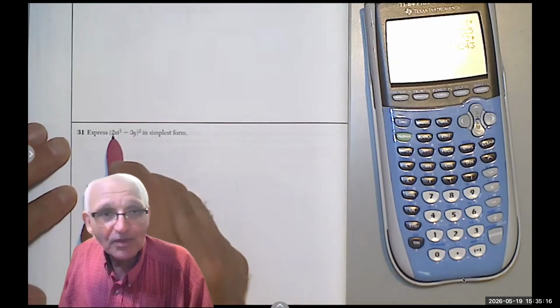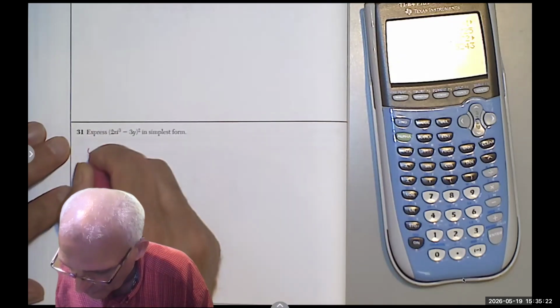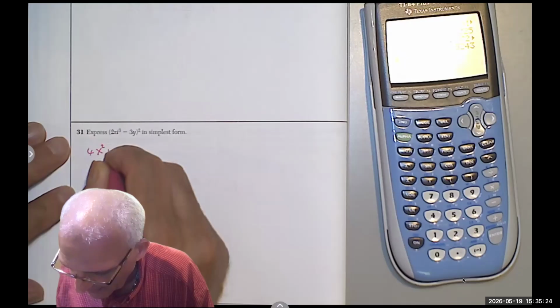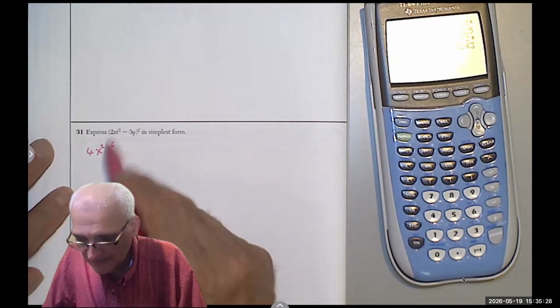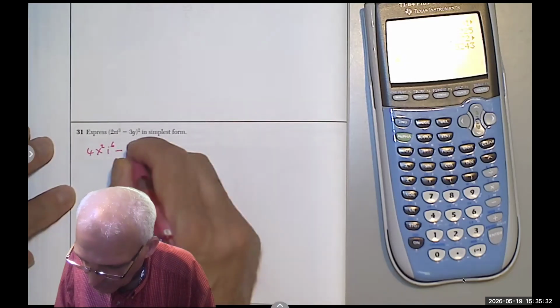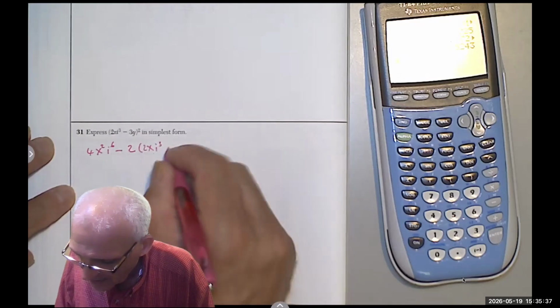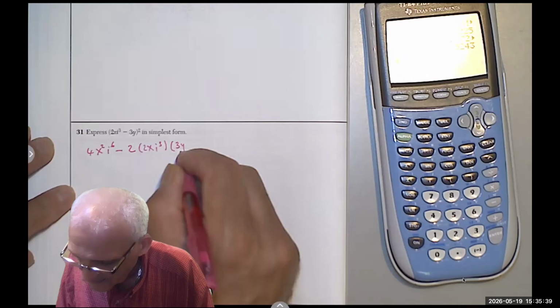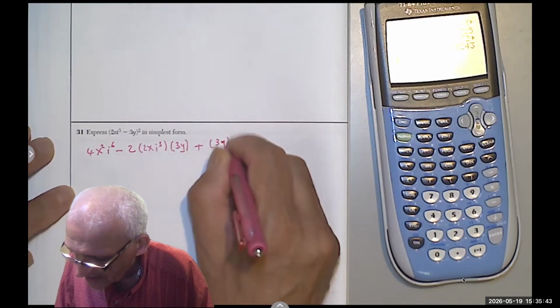So I know when I have a minus b quantity squared, it is a squared, meaning 4x squared i to the 6, right? 2 squared is 4, x is x squared, i cubed is i to the 6. Minus twice the first times the second, plus the second squared, which is 9y squared.